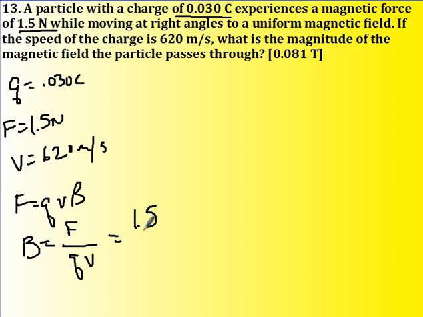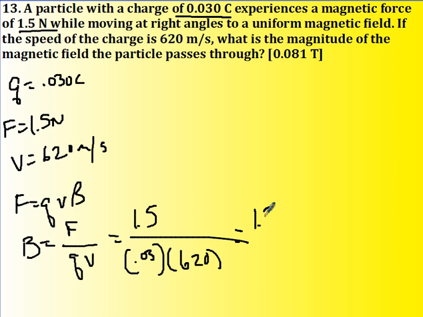The force is 1.5 divided by 0.03, and the velocity is 620. 0.03 times 620 is 18.6. So 1.5 divided by 18.6 is 0.0806 Teslas.